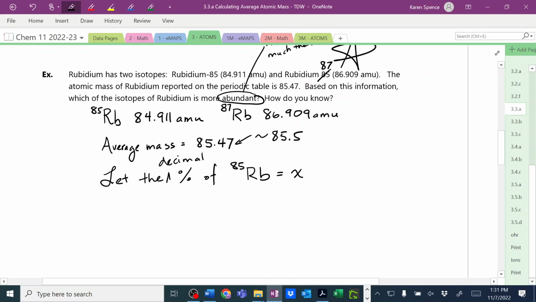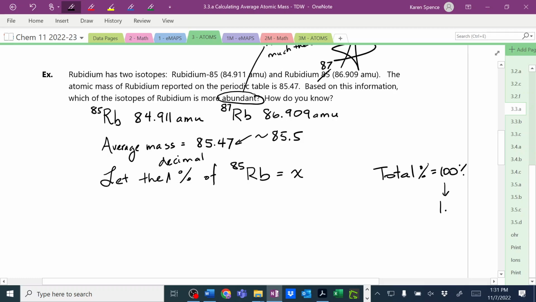Yes? I have two isotopes. So how much is the total of a decimal percent? Oh, 1, right? Because the total percent is 100%. If we change that into a decimal, that becomes 1, okay?